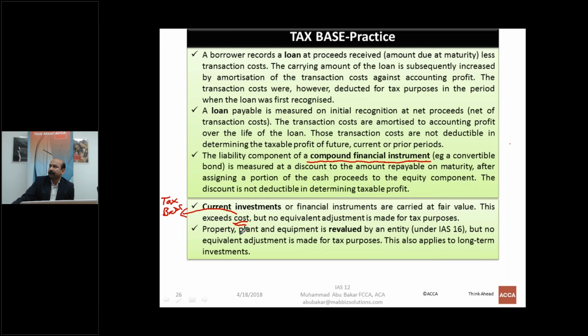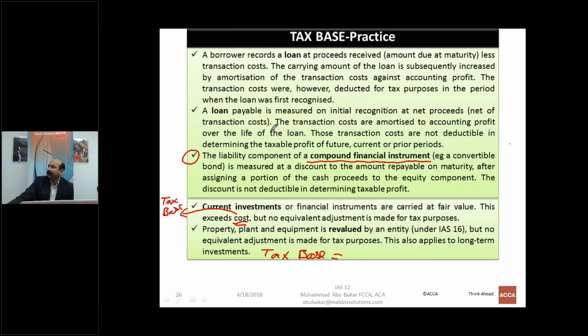And likewise, property, plant, and equipment, when your policy is to apply the revaluation model, tax people will normally continue to apply cost after reducing that cost by the tax depreciation. We shall be discussing it in a while.